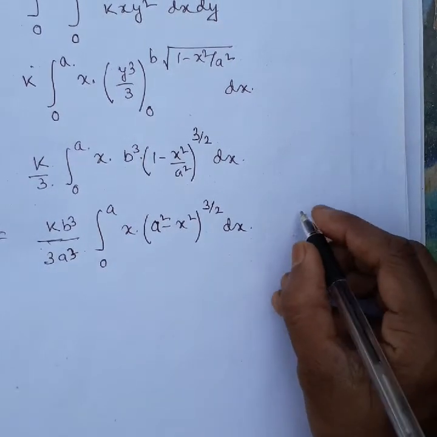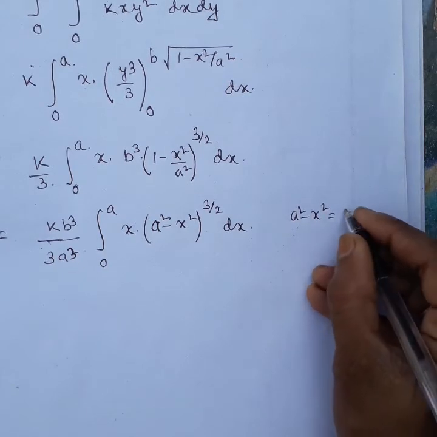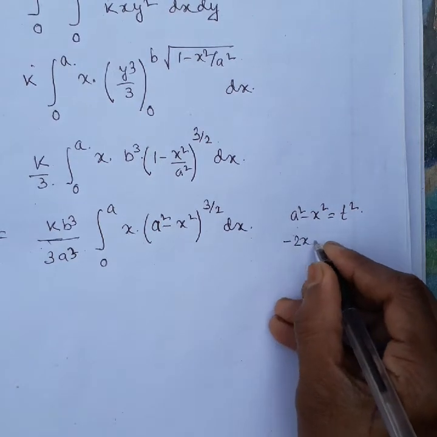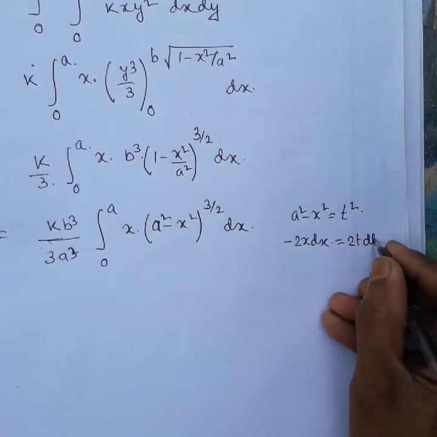Okay, now if we let here a square minus x square is equals to t square, so minus 2x dx is equals to 2t dt.